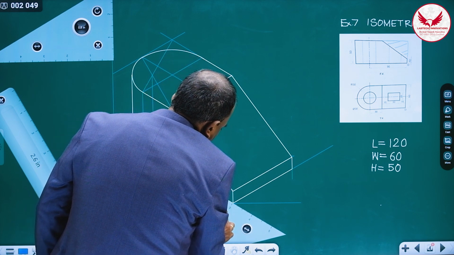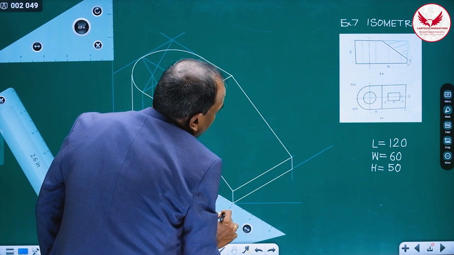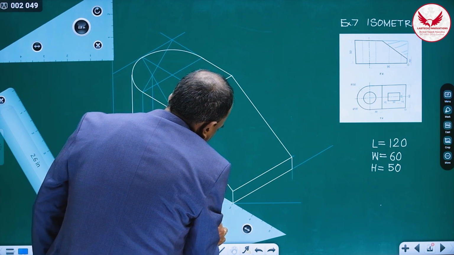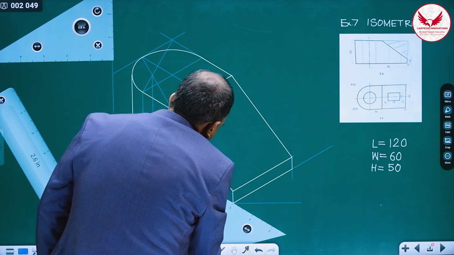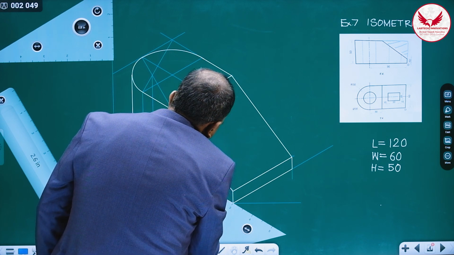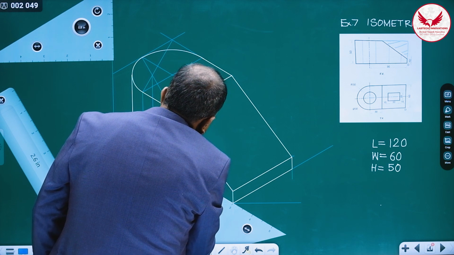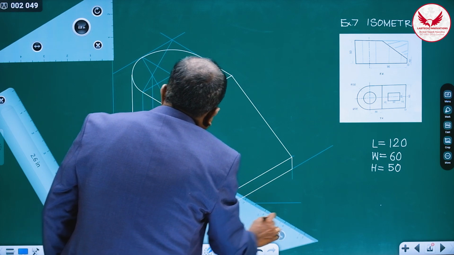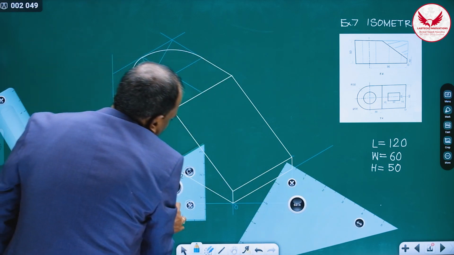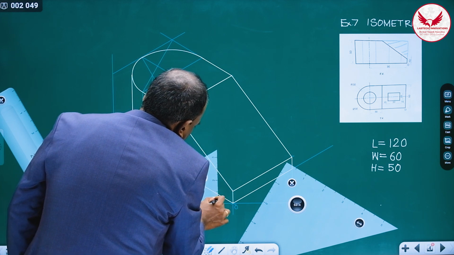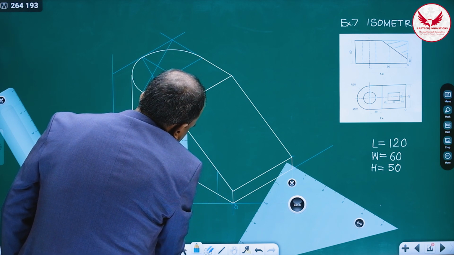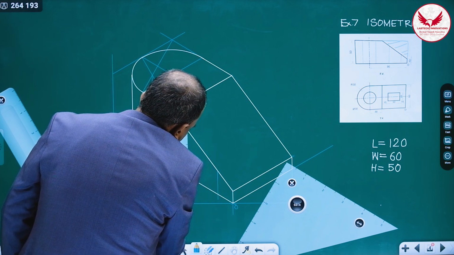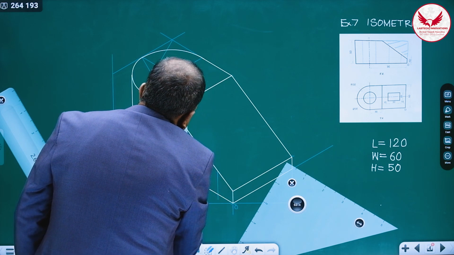So from this, at a distance of 15 from the origin, mark the point. So this is one point. Then after this, again 15 and 15, 30. Means we have to mark these 2 points, and these 2 points we have to shift on this line. Similarly, this marking is 15, it is 30.